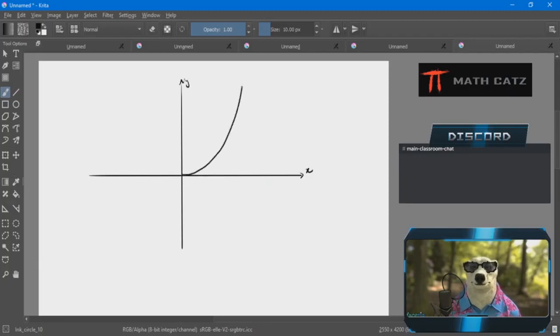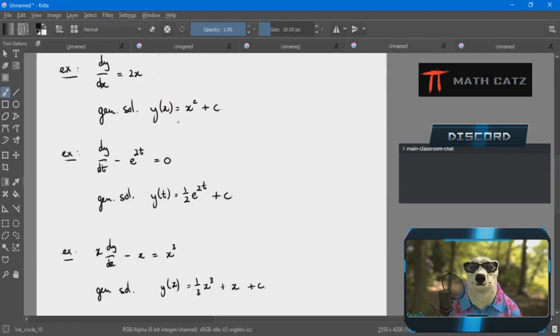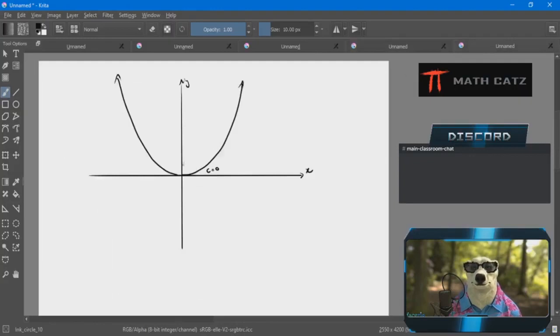Is it the parabola that sits at 0? So for this one, c is equal to 0, because c is the vertical shift. Are you looking for this one? Which has c equal to 1, let's say. Are you looking for this one?